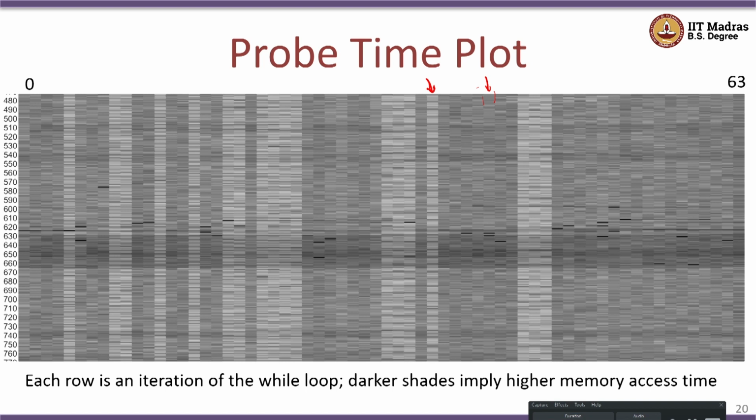So what we are observing is that we can now distinguish, with the help of the spy process, what cache sets were accessed by the victim during its execution. Now, using the structure of the victim's program, we can then infer secret information.